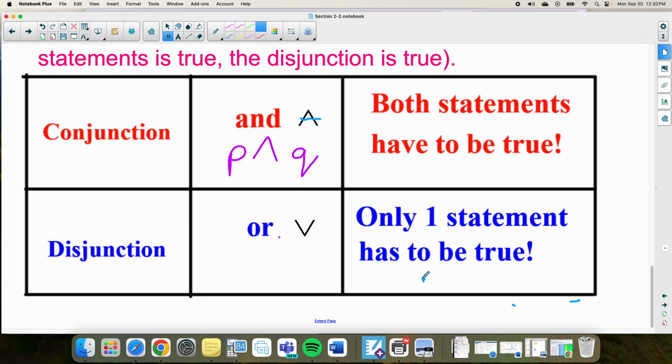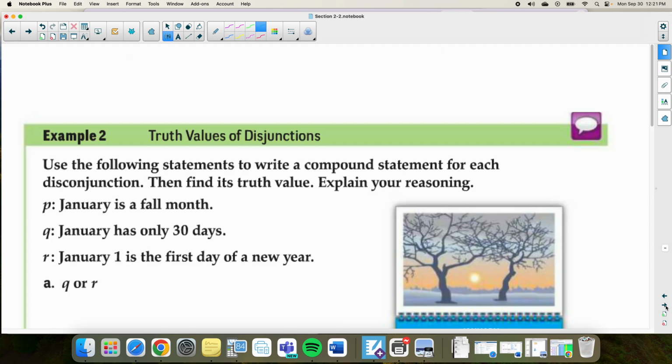With and, it was called a conjunction and both had to be true. With or, it's a disjunction and only one has to be true. We could have two true and that's still fine. The only situation you can't have is they both can't be false, okay? So that's with a disjunction.